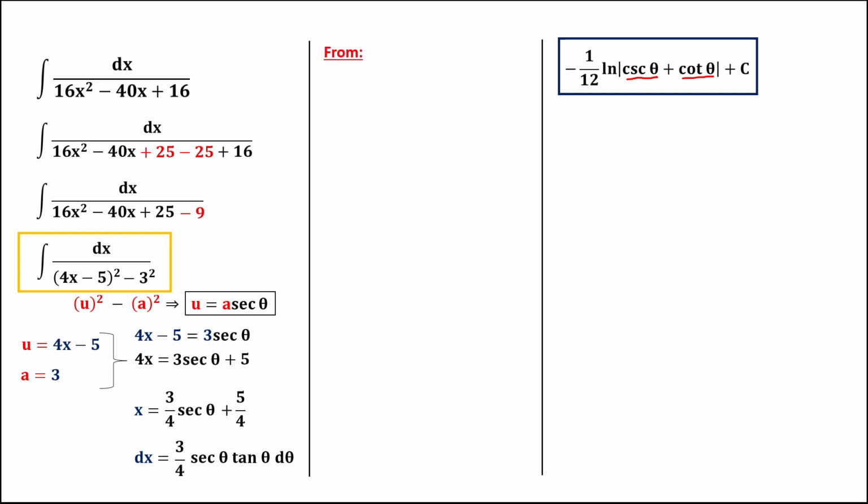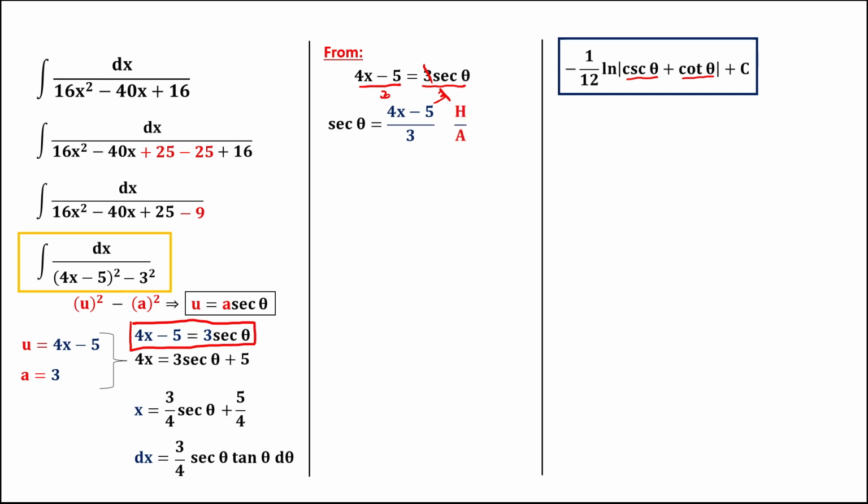So from this equation, 4x minus 5 equals 3 secant theta. Then to solve for secant theta, divide by 3. Therefore, secant theta is equal to 4x minus 5 over 3.